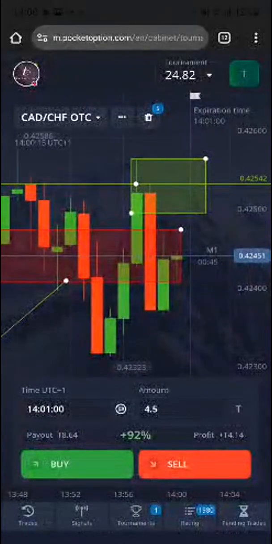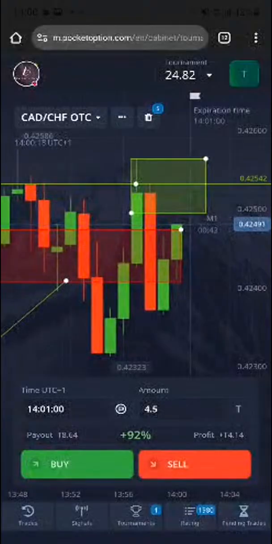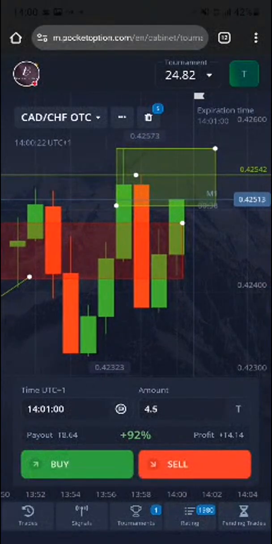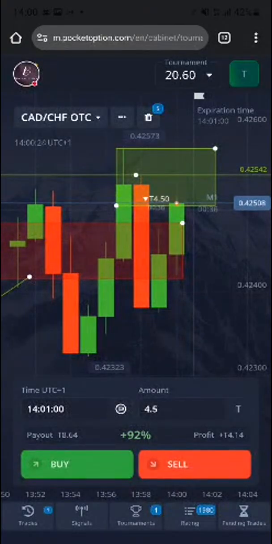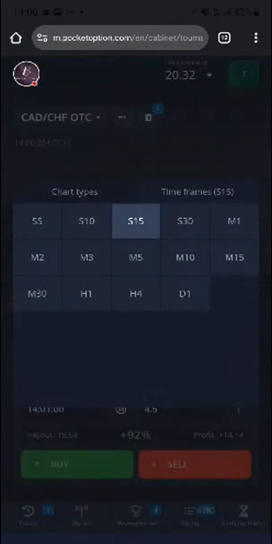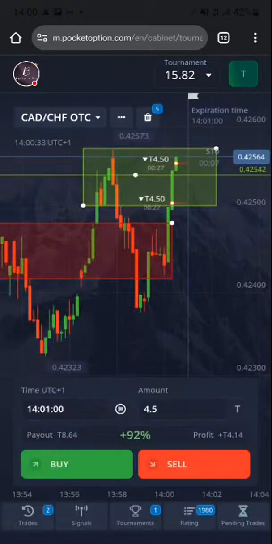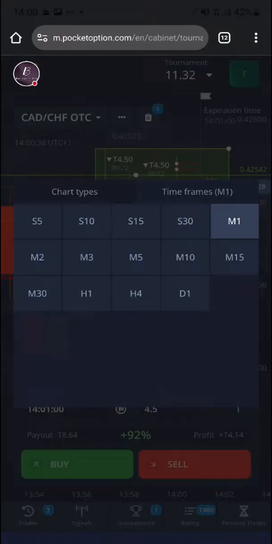Yes, an inverted hammerhead is a very good reason to go with the sellers. Actually, okay, you know what? Let me go with the sellers here, and let me check for more reasons to go with the sellers. Okay, let's go. Let's take one more here. If we have the pullback, in fact, let's take one more because back here.